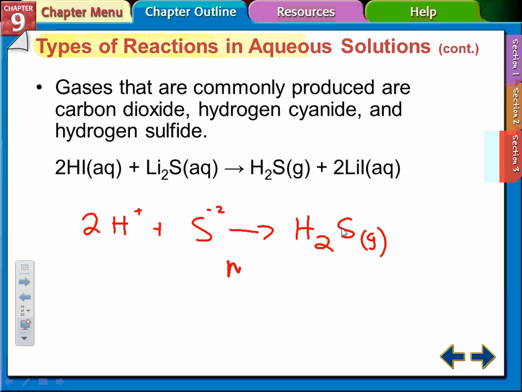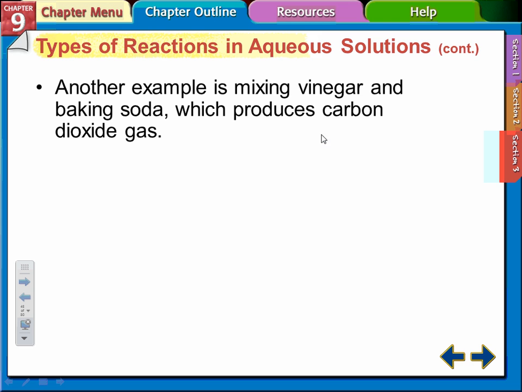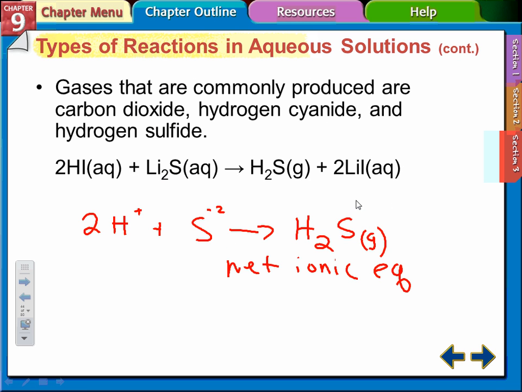That's the net ionic equation. The spectator ions would have been the lithium and the iodine.